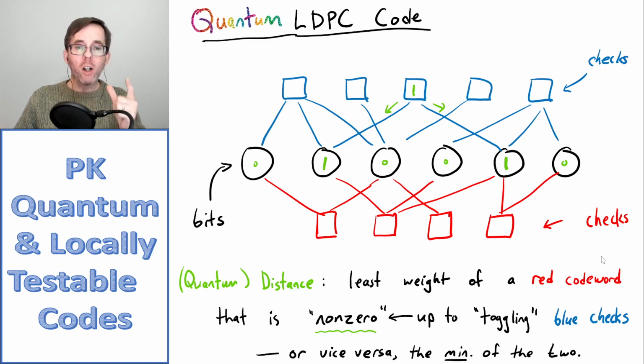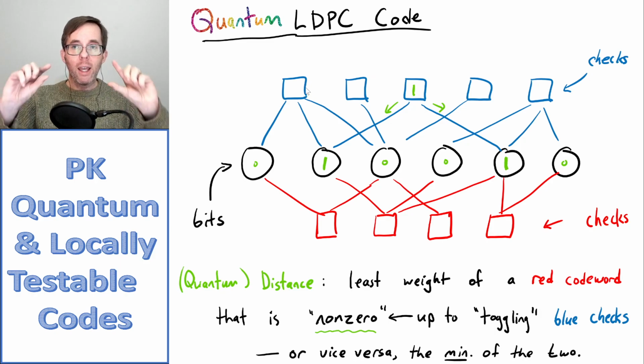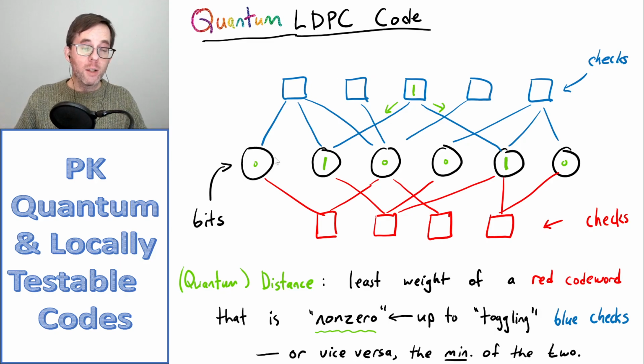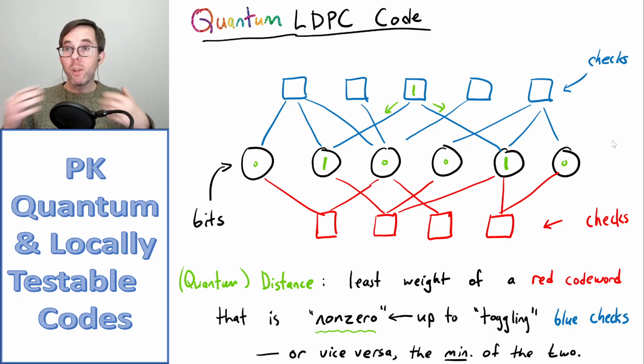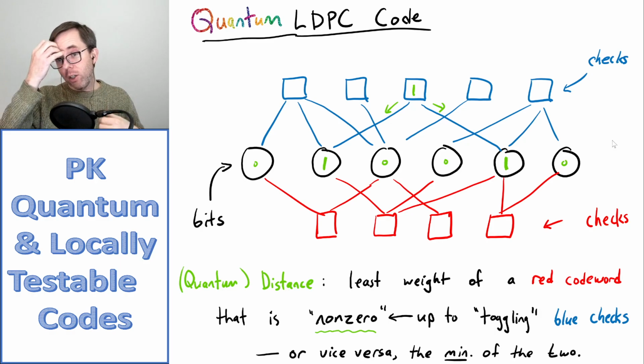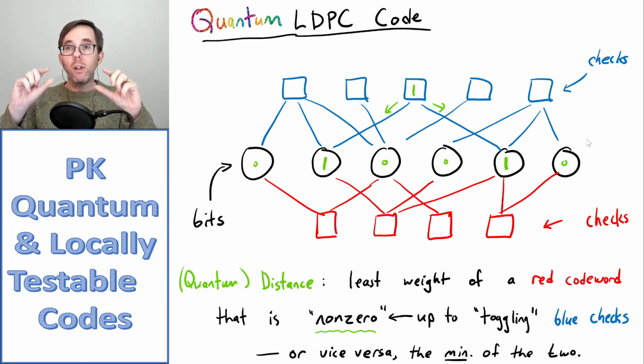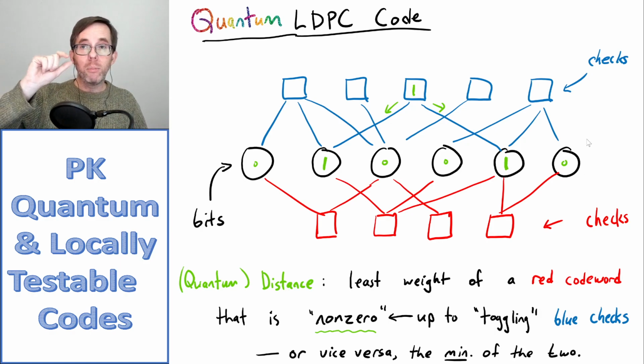When I refer to toggling a blue check, I refer to the process of taking a blue square here and adding 1 mod 2 to all its neighbors. In fact, I got this particular green code word here, 010010, by starting at all zeros and toggling 1 single check. And the point is, for the purpose of computing distance, you do look at the minimum distance of a red code word, but you discount any code words that you can get by toggling blue checks.